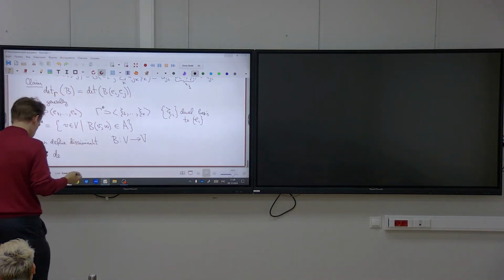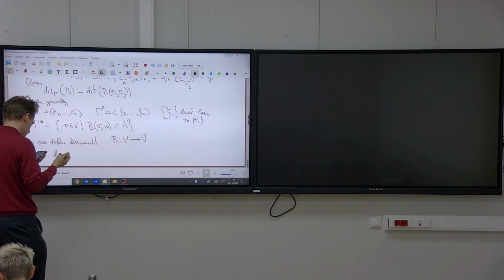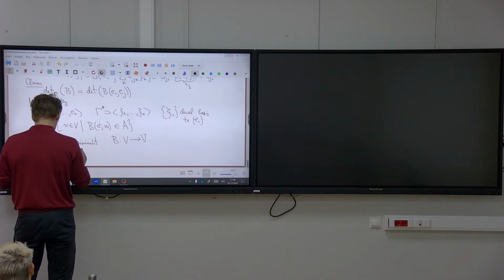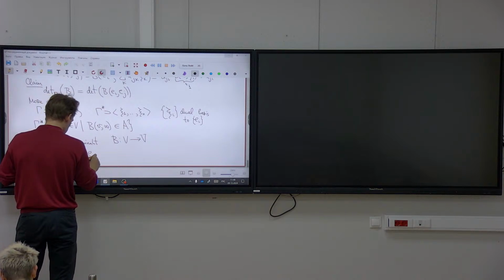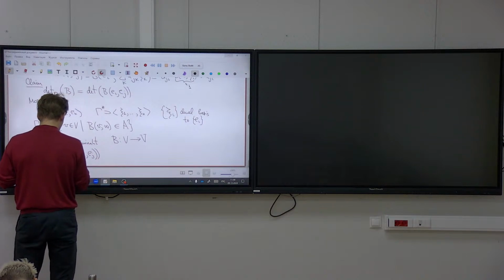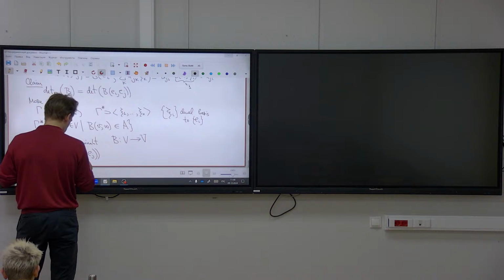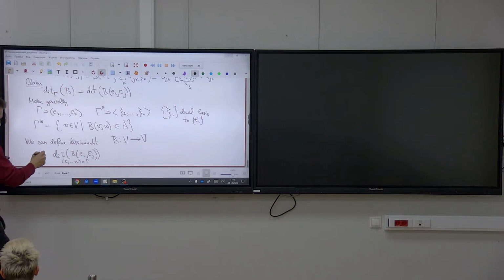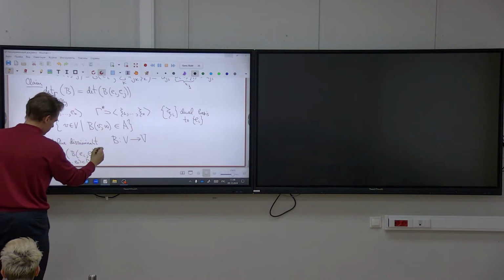You can define it by saying that you are taking the determinant of B(E_i, E_j) over all possible bases, where E_1, ..., E_n is the subset of the vectors. So you can generate the ideal by it.